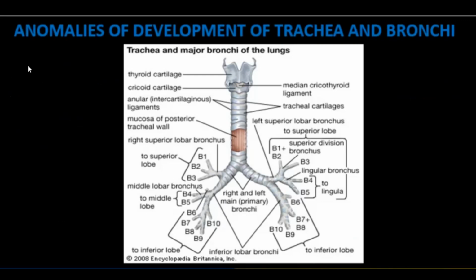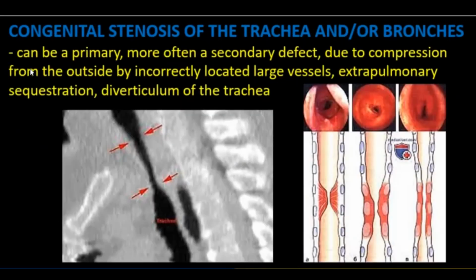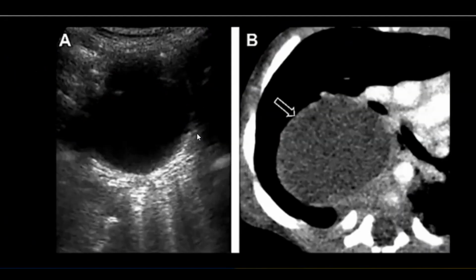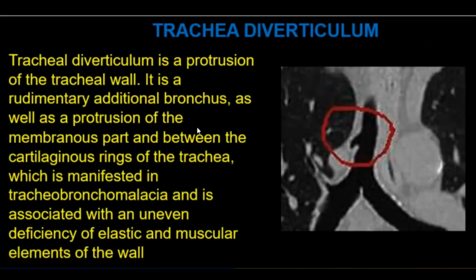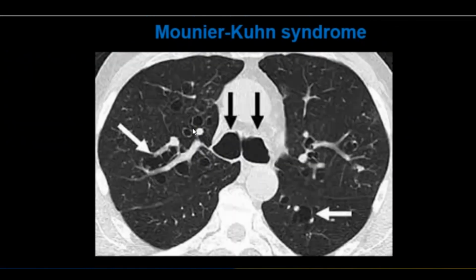Anomalies of development of the trachea and bronchi: congenital stenosis of the trachea and bronchus, bronchogenic cyst, and diverticulum, Mounier-Kuhn syndrome.